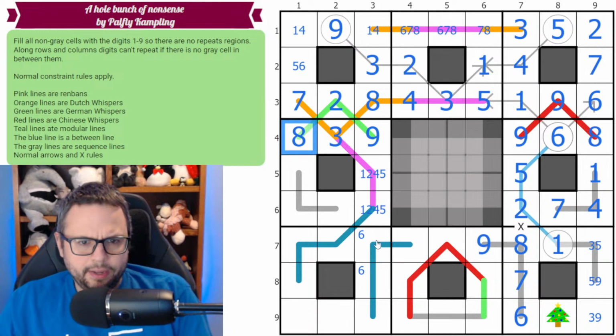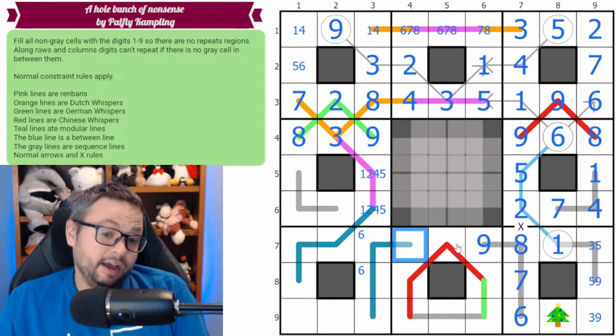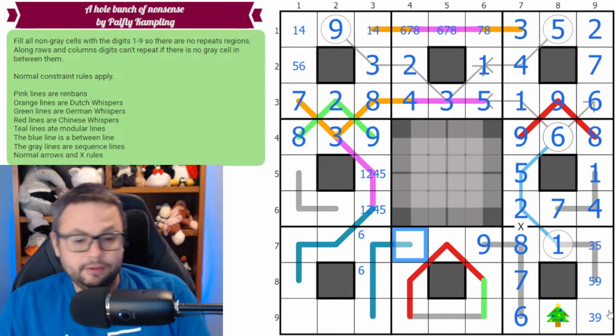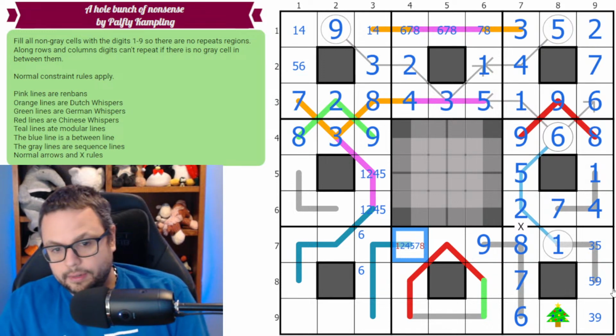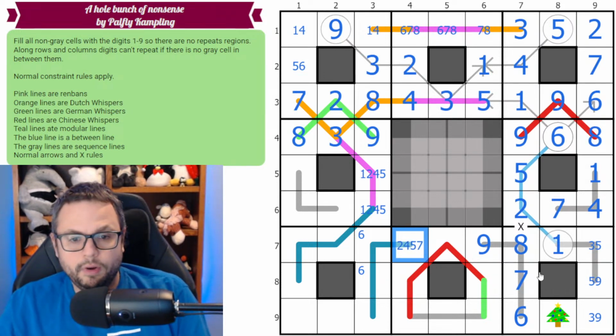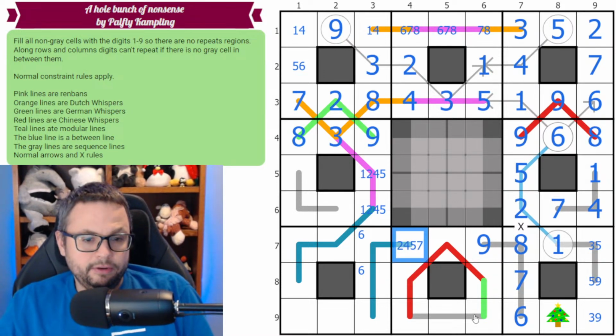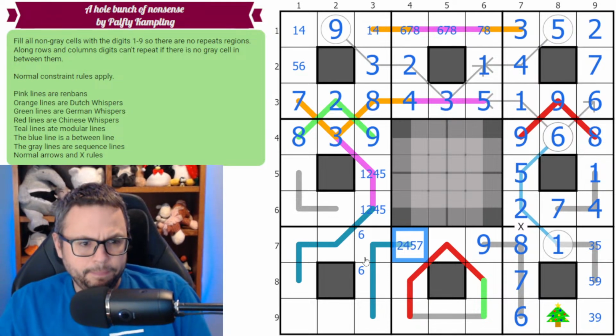And so we know we've got a 6 there. And so now this digit is not the same as that. So this is not 3, 6, or 9. And it's not 8 or 1 either. So this is down to only being 2, 4, 5, or 7.